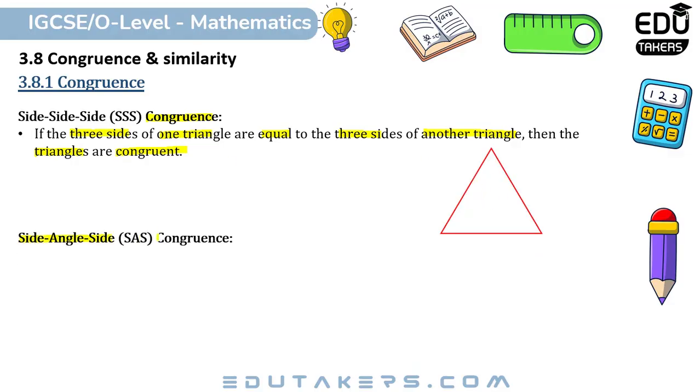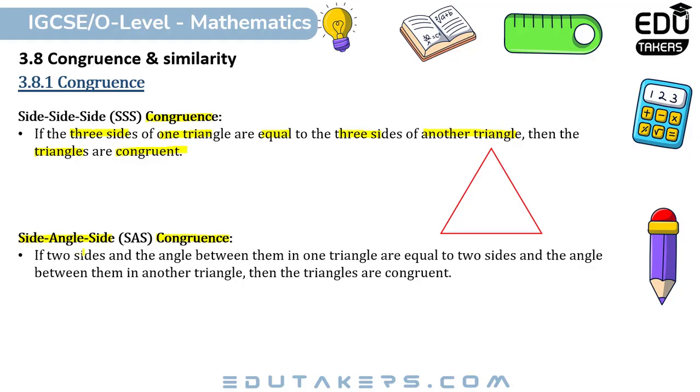Then side-angle-side congruence. If two sides and the angle between them in one triangle are equal to two sides and the angle between them in another triangle, then the triangles are congruent. Two sides and an angle.